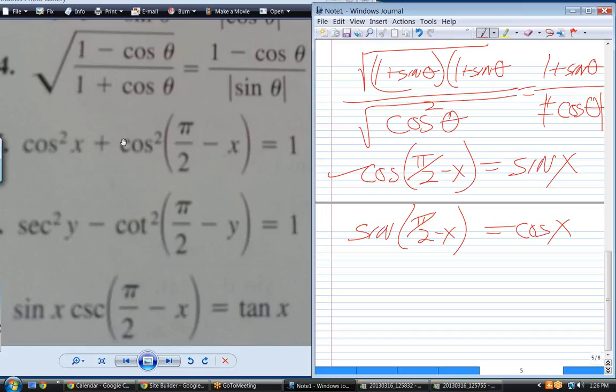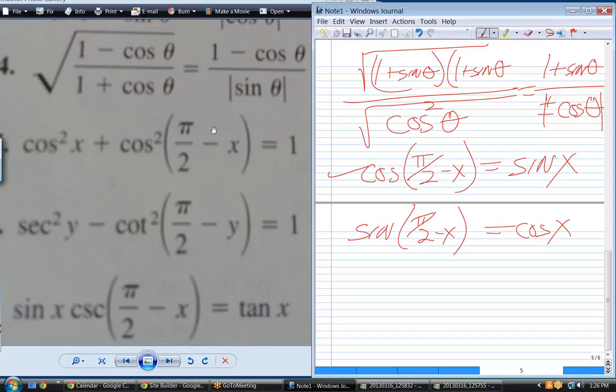So this whole expression can be turned into sine squared of x. Then you have cosine squared of x plus sine squared of x. We know that's equal to 1, so we have 1 equals 1. Ooh, that actually was very hard.